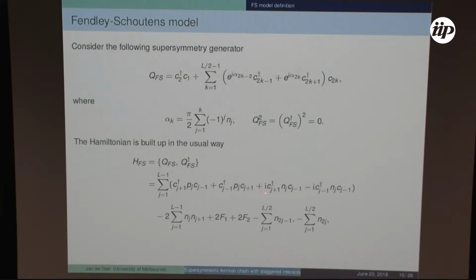If you're at the top side, you hop from j minus 1 to j plus 1. And if there is a fermion at site j in the bottom chain, then you get this phase factor i. There are terms like that. And aside from these hopping terms, there are some chemical potential terms. Okay, so this was a model they studied.